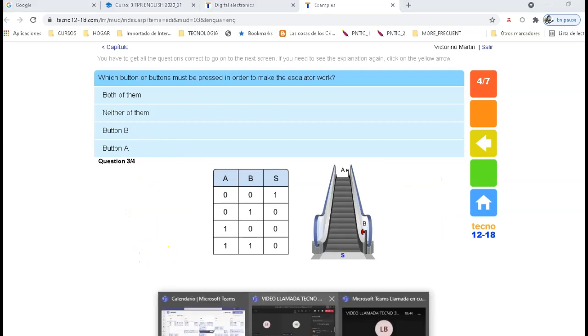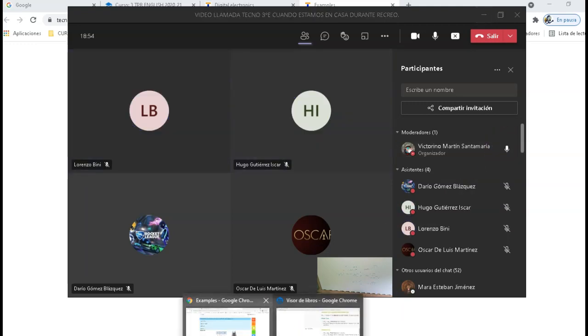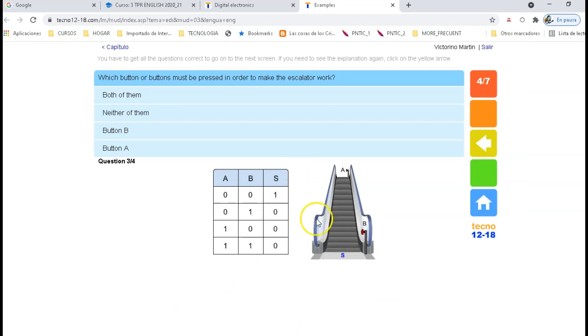Okay. Another question for Aaron. Aaron, are you with us? Yes. Okay, so question for you. Here we have the escalator. Remember that in the escalator, by default, the motor is rotating all the time and will be off just in case one of the two push buttons is pressed.